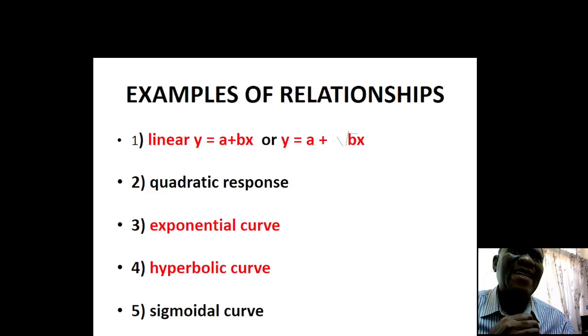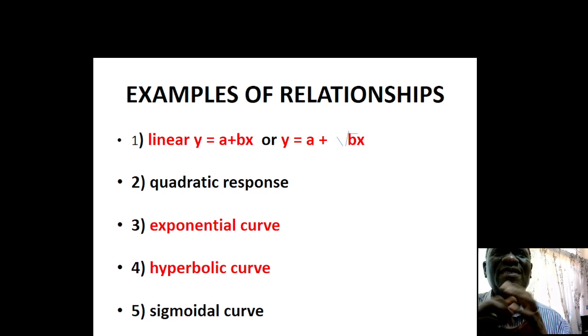Now there are relationships which are used. Normally we relate weed density to crop yield or crop yield loss. Sometimes people get linear relationships. That is number one.